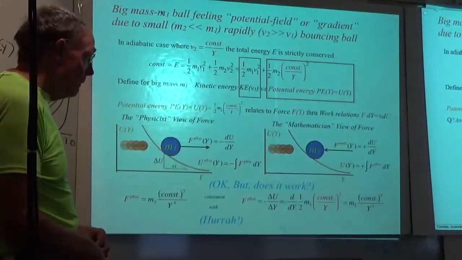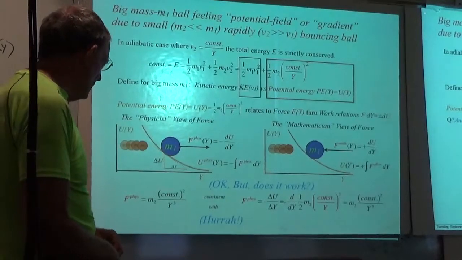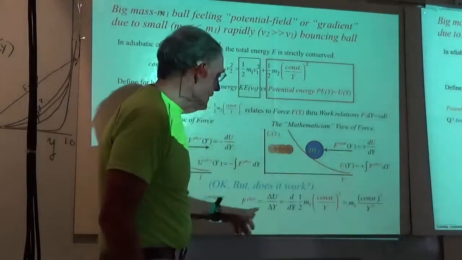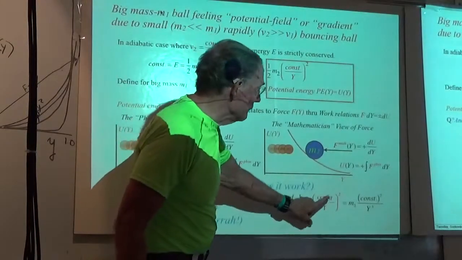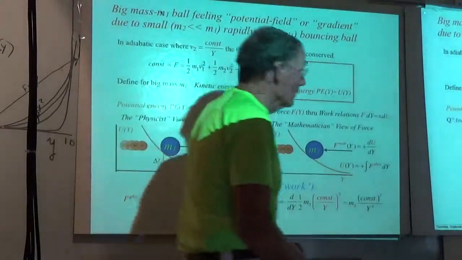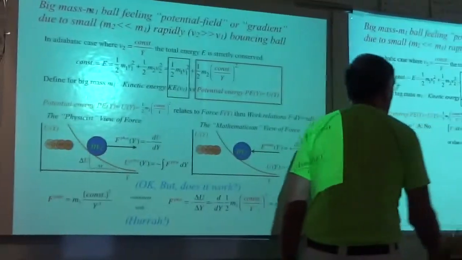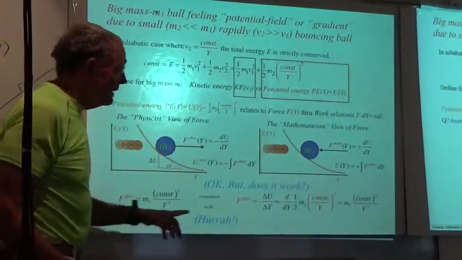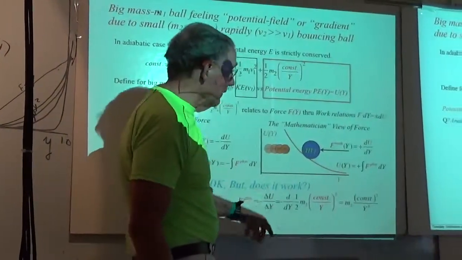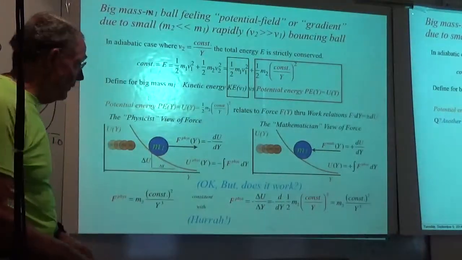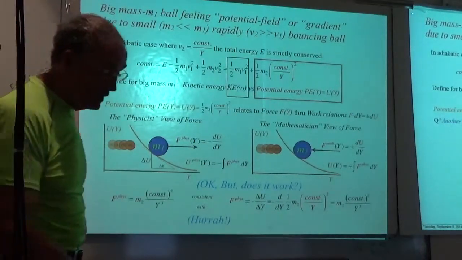So, let's see, they agree, okay? I take a derivative with respect to y of this thing. That's the key thing that we're working with here, this potential right here. And I take a derivative of that, and I need the 1/2 in there. Once that comes in, it gives me exactly this force. So, yes, it works fine.